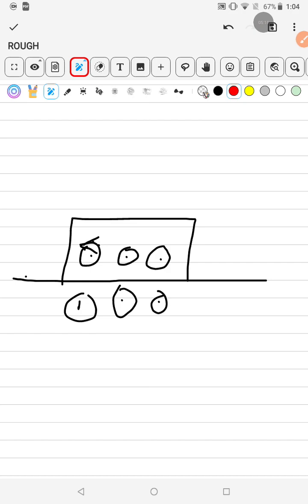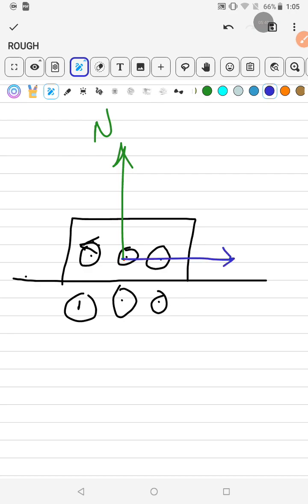Now, one force which is generated is something like this. This is called normal force, N. I'm going to denote normal force with an N in this whole lecture. And one force is this, along the x-axis. This is F. What is F? Friction.